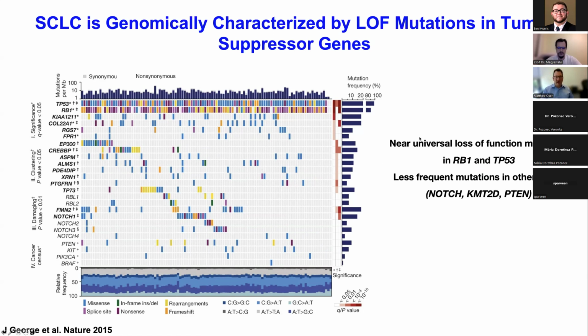And then whole genome or exome sequencing has identified several other, mostly tumor suppressor, genes with loss of function mutations, but these are not nearly at the level or frequency of RB and P53. And conspicuously, we haven't identified many recurrently mutated oncogenic drivers. This is in contrast to non-small cell.